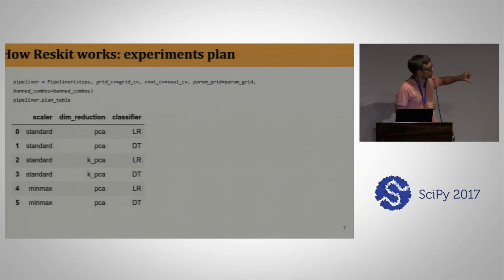What Reskit does is, each row in the table represents an experiment, and each column represents an object. So it changes the pipeline using these objects, performs experiments, and outputs the results of these experiments.